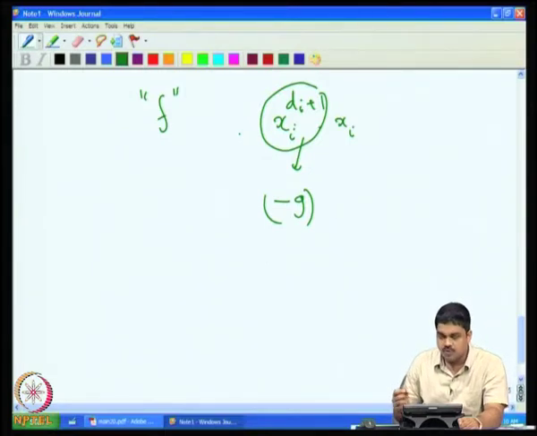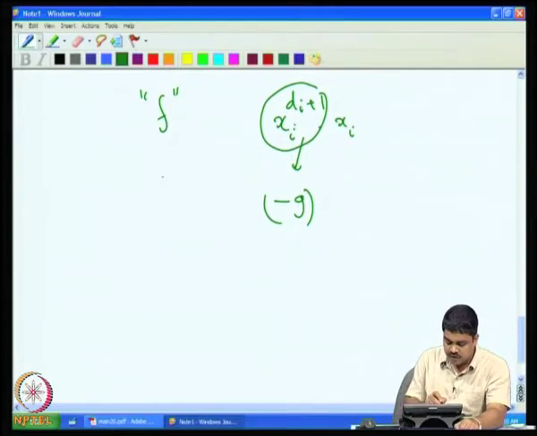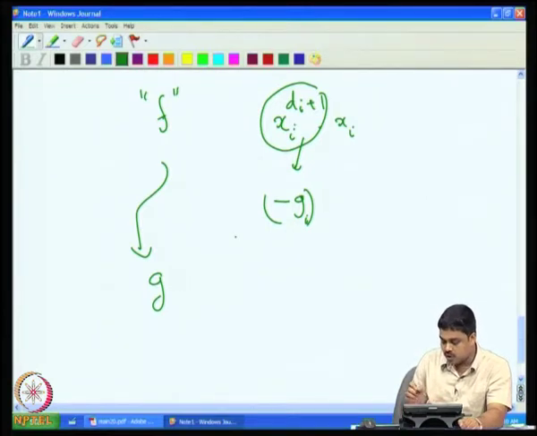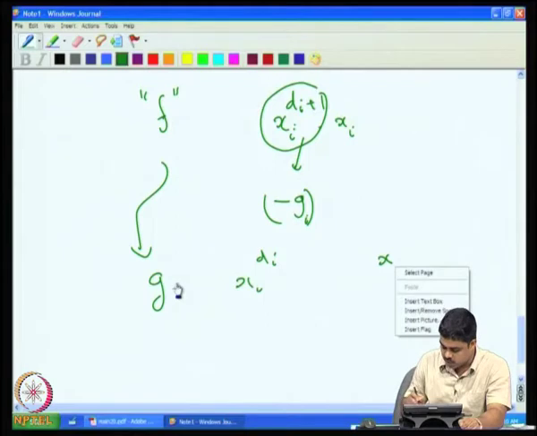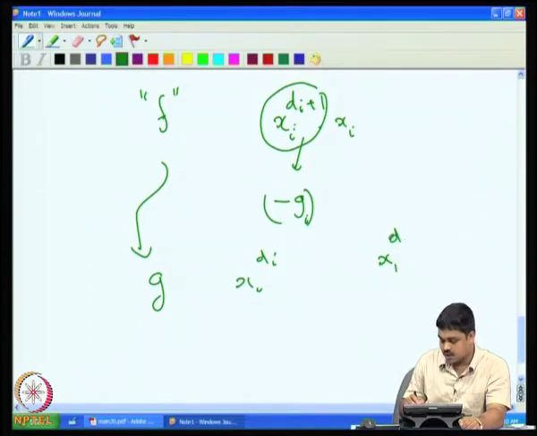So, if you keep on repeatedly doing it, finally we will end up with a polynomial g, produced from f by these repeated substitutions, where all the degrees of xi are at most di. That means x1's degree will be at most d1 in this polynomial g, x2's degree will be at most d2, and so on.